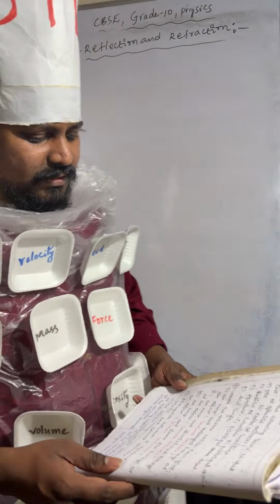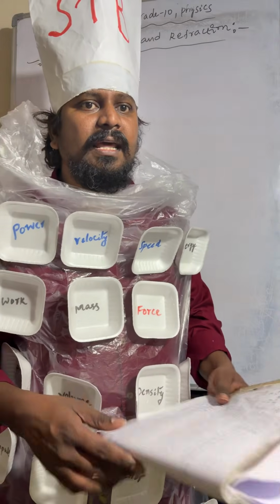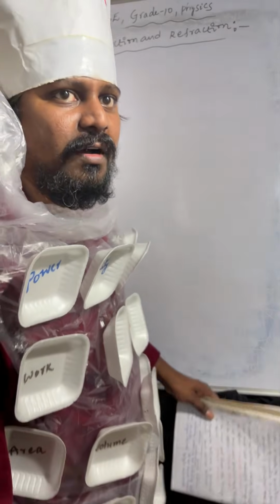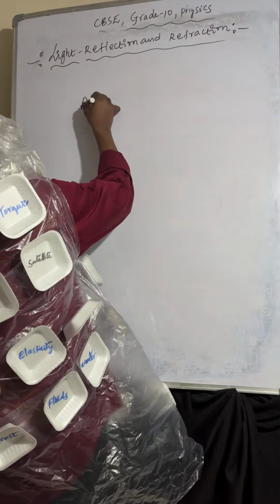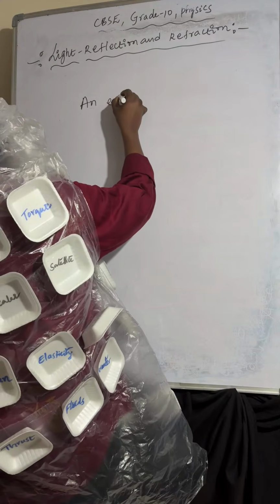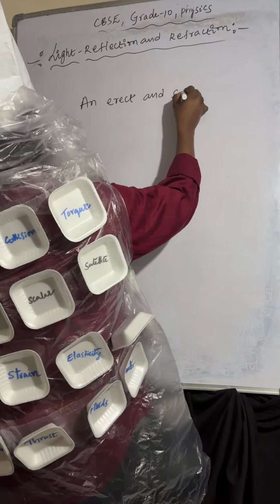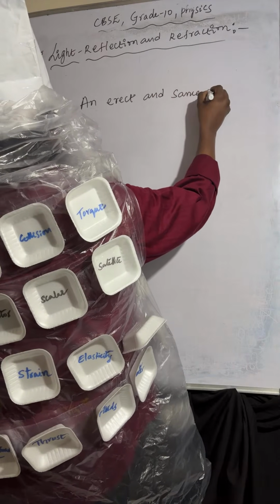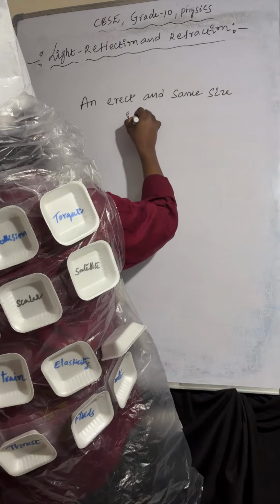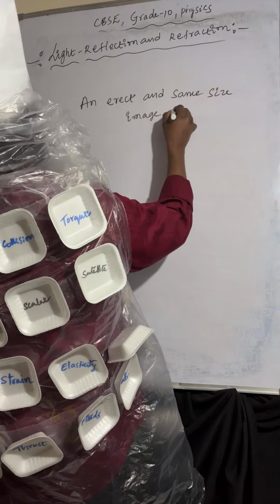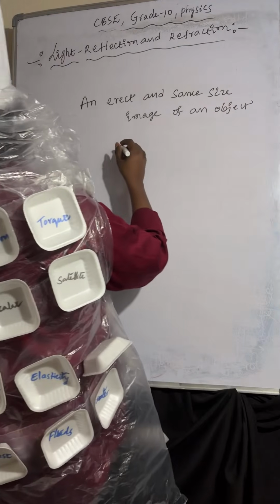Next one is an erect image of the same size as the object. An erect and same size image of an object, where will it form?